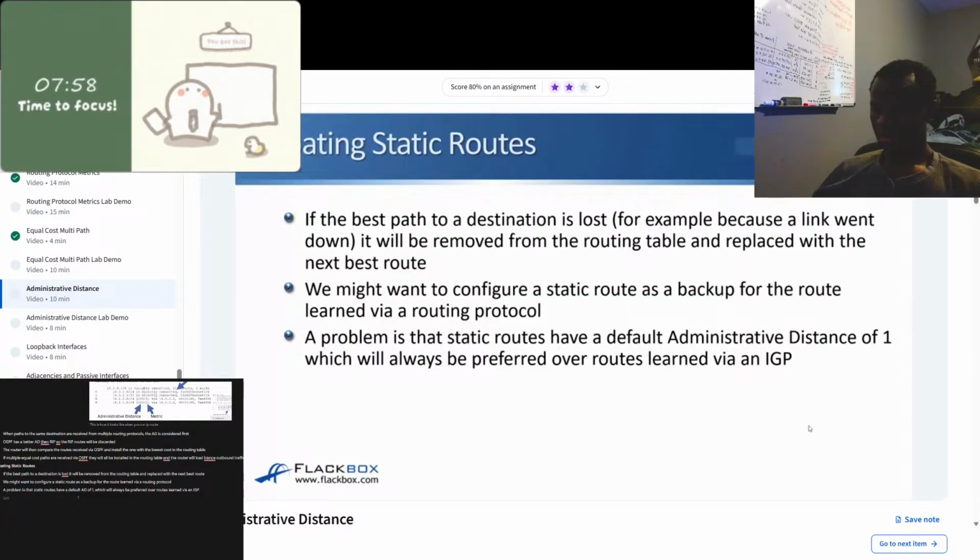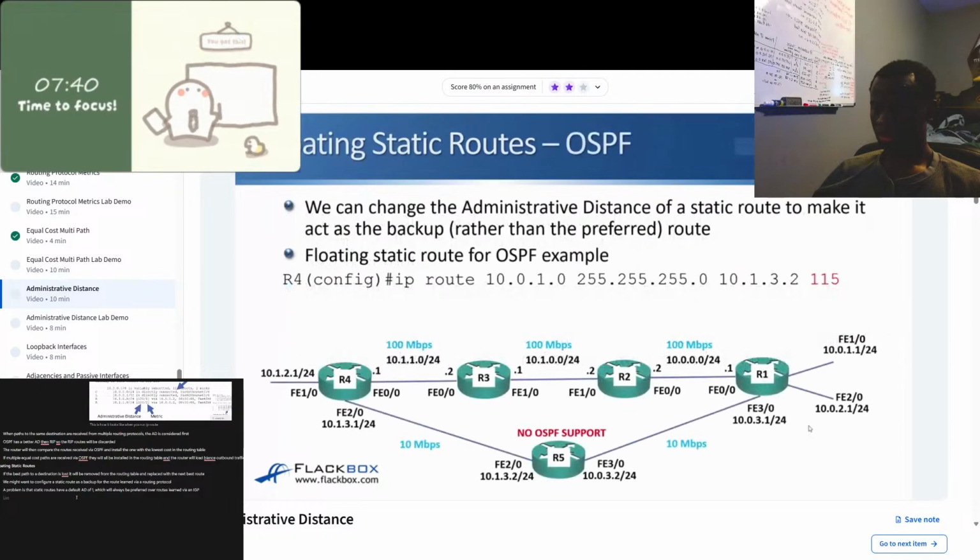So if we're running an IGP, we've got IGP routes in there, when we want to add a static route as a backup, that won't work by default because it's going to be preferred over the IGP rather than being the second choice. So how can we make that static route the second choice? The way we can do that is with using a floating static route.